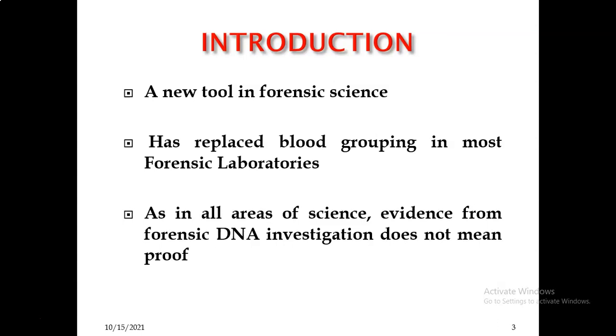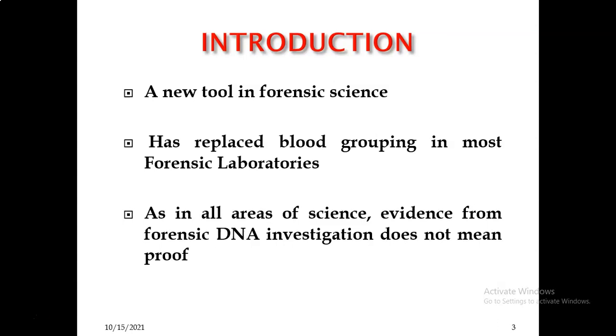But then DNA has come to replace blood group in many forensic labs, though blood grouping can still be done in some ways. But because DNA is unique to individuals, most forensic laboratories prefer DNA testing to blood grouping.